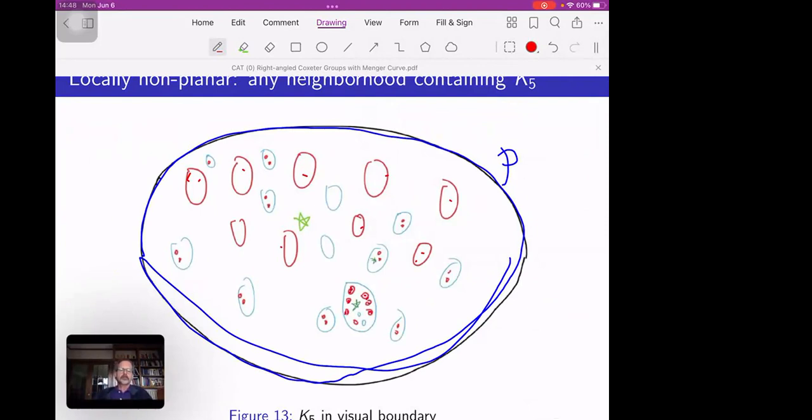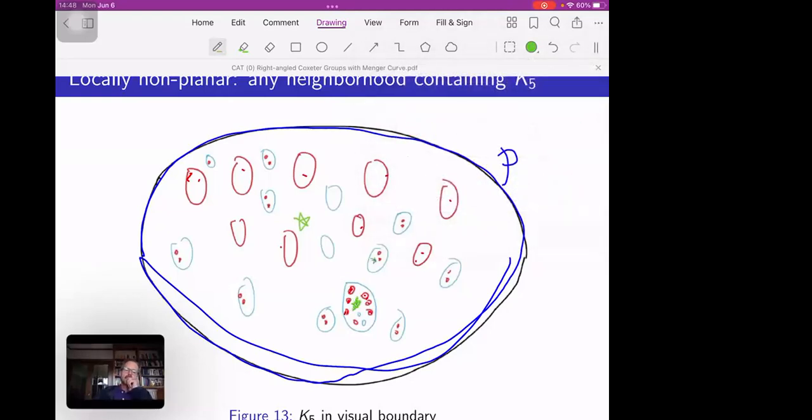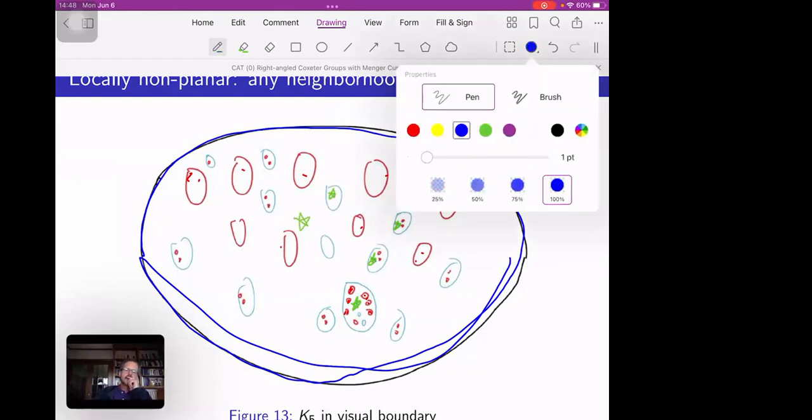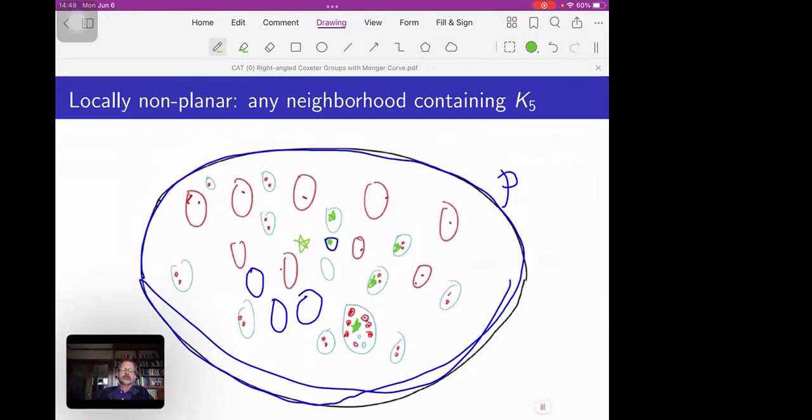You have to remove them, and there is a K5 in each blue ball. Is that true for all of the blue balls? Because the blue Pontryagin balls are dense, and each blue Pontryagin ball contains a K5. So that means we prove that this is locally non-planar.